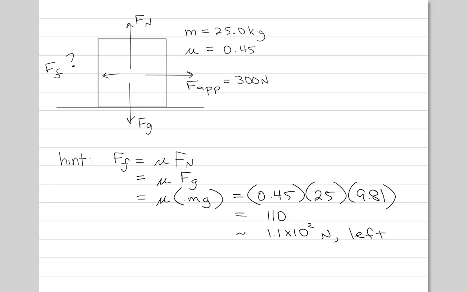Okay, one more before you leave. Let me get it down there quickly. One more. And I'm not helping at all with this one. Okay, so I'm going to give you the coefficient of friction. So I guess you could use the hint from the last question.